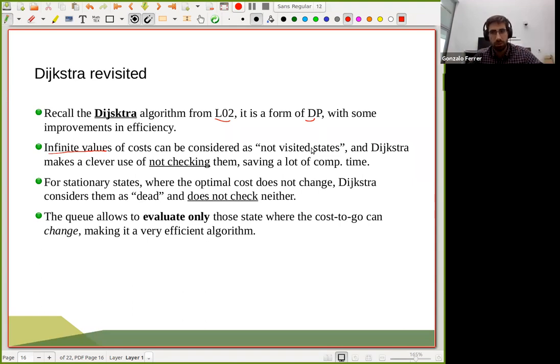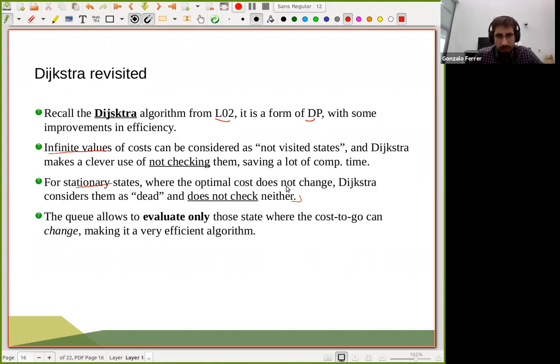If your neighborhood has not been explored and you have a lot of very high cost, it's not going to be of any use. On stationary states, when these values don't change, Dijkstra considers them as visited, considers them as dead. It's not checking for them either, right? So the algorithm knows that the values of some states are not going to change because there's nothing connected to them, and it's not worth evaluating them again.